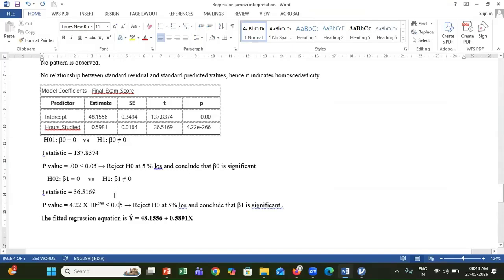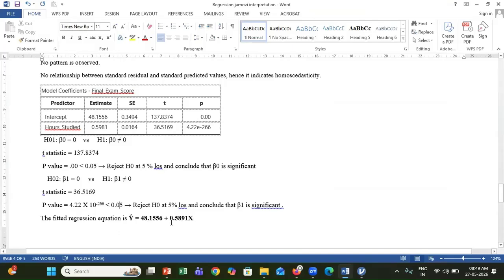So the regression model is represented by this equation, where y represents the predicted outcome variable, x represents the predictor variable, a is called the intercept, and 0.589 is nothing but the b, which is called the regression coefficient or slope. The intercept gives the predicted value of y when x equals 0.